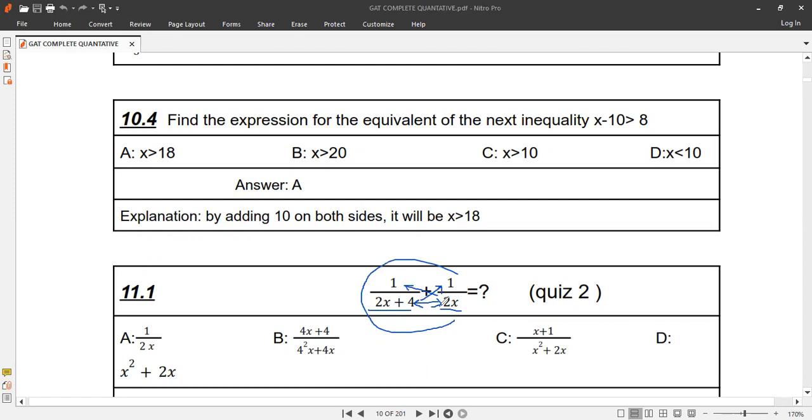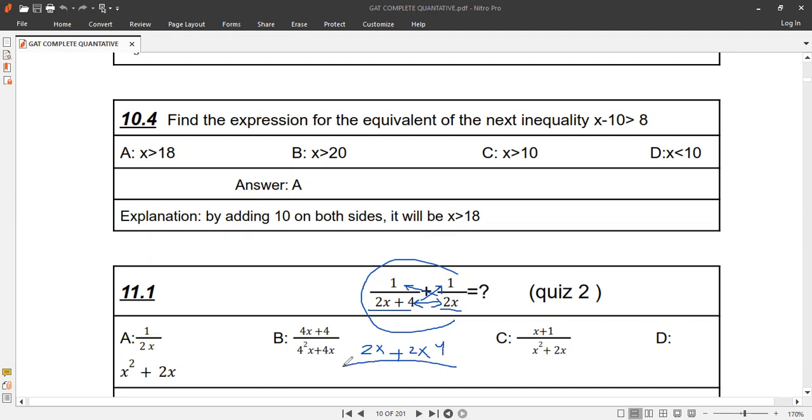If you multiply 2x by 1, it equals 2x, plus 2x plus 4 multiplied by 1 equals 2x plus 4.